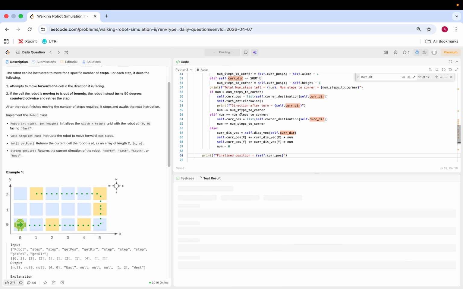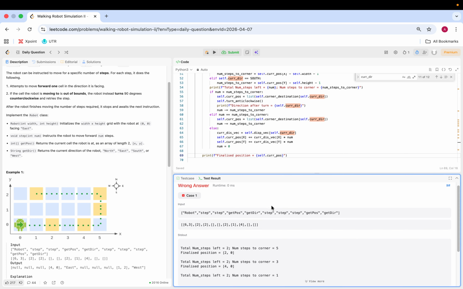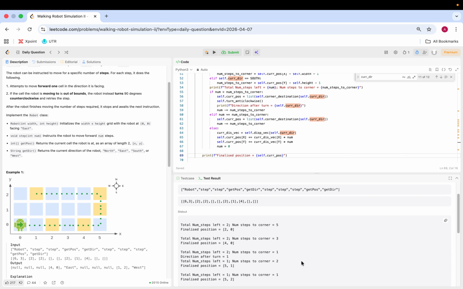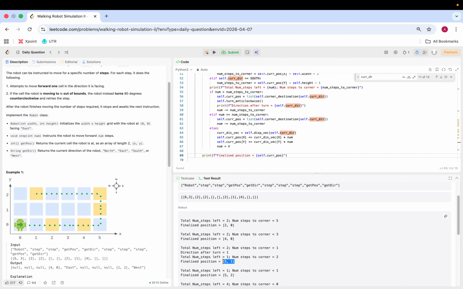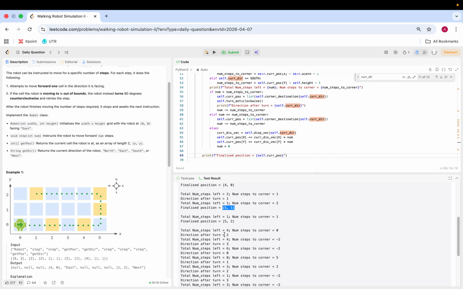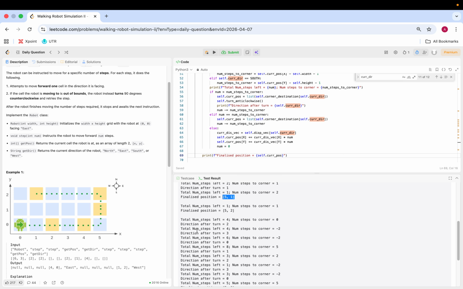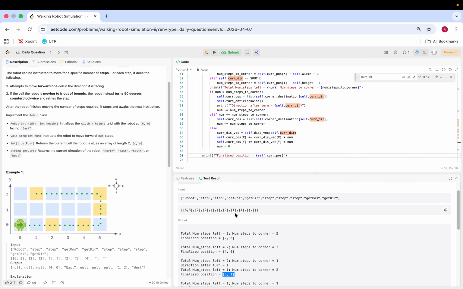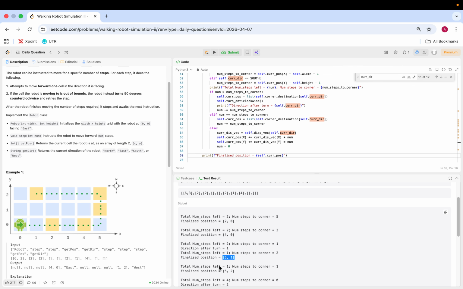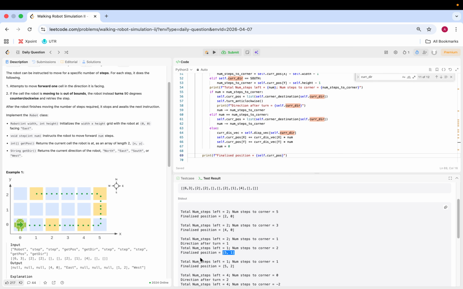Okay, so it seems like it's turning correctly, which is nice. Finalized position is 5-1. Oh, wait, it is working. Kind of. Okay, so it's this massive slab at the end. Just to clarify, you go across by 2, then 1 up by 1. 5-2.